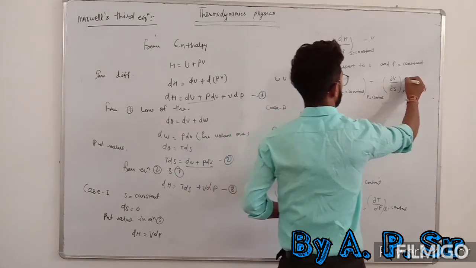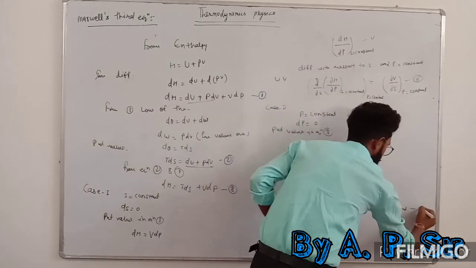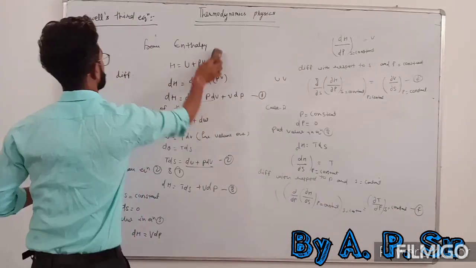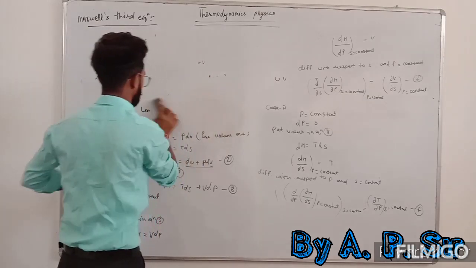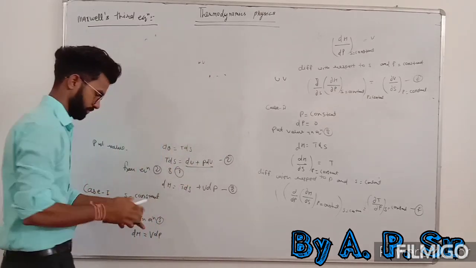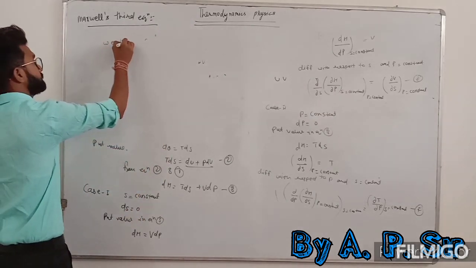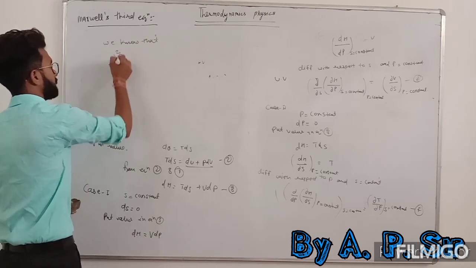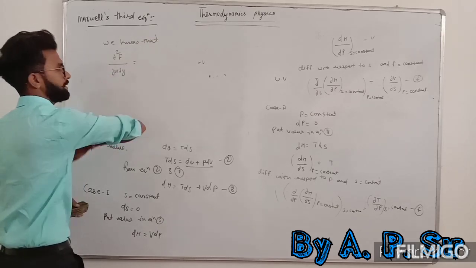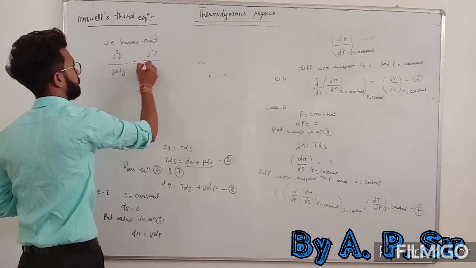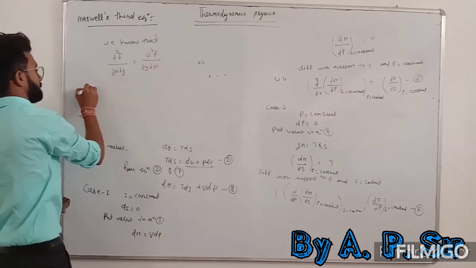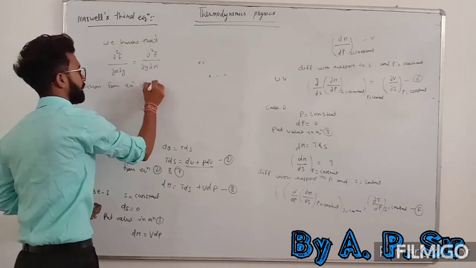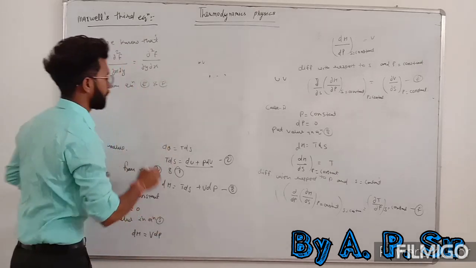This is the question E and this is F. Then we know that del square F upon del X upon del Y is equal to del square F upon del Y upon del X. Then from equation E and F, what we obtain?